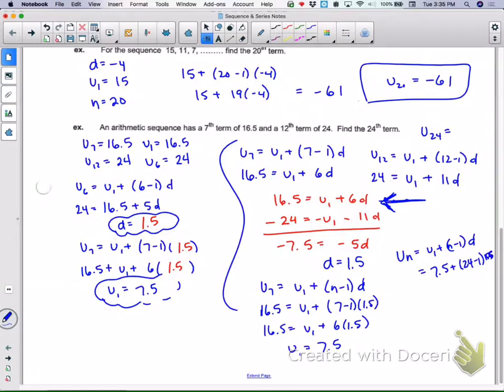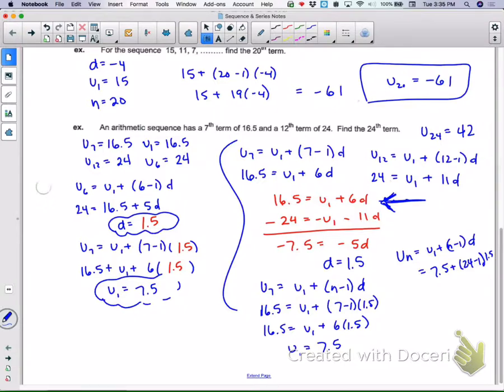Let's see if we can fix that now. Yeah. Okay, there we go. 1.5 times 23 plus 7.5. Okay, that gives me my 24th term is 42.